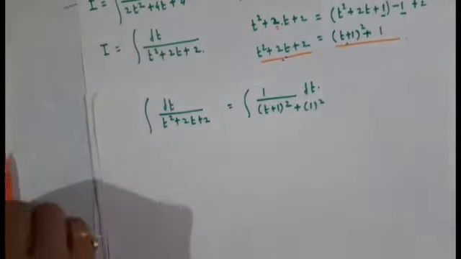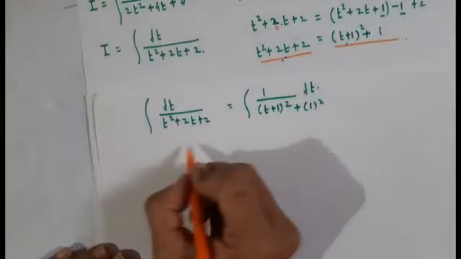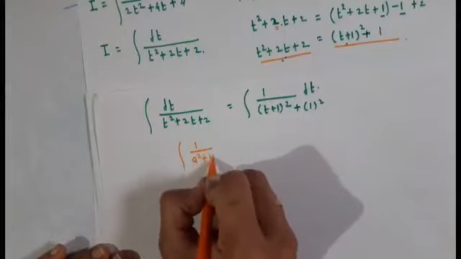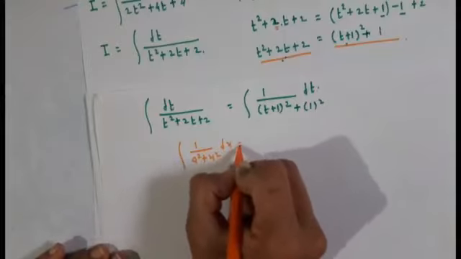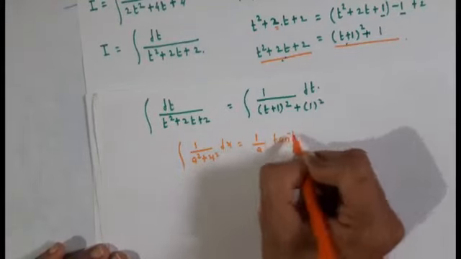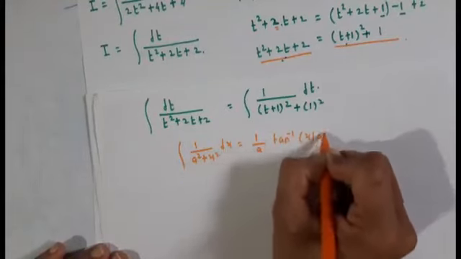Okay students, and this is integration of the type 1 upon a square plus x square with respect to x, and this is 1 by a tan inverse of x by a.